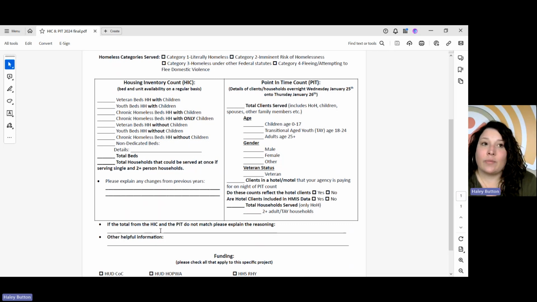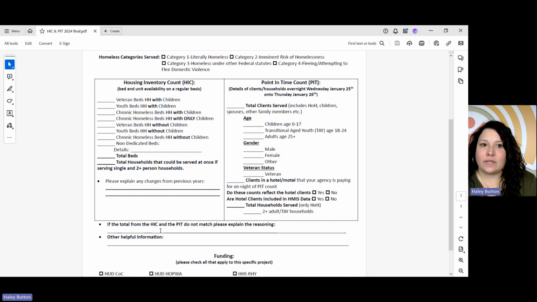So one example of this could be, say it's really cold on the night of the PIT and a lot of people came off of the streets or encampments to come in your shelter and you put out a lot of cots. That would be a reason that you may have higher point in time numbers than HIC numbers. And we love that. That's perfectly okay. We just want to understand.